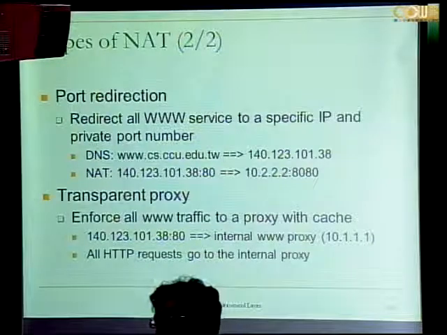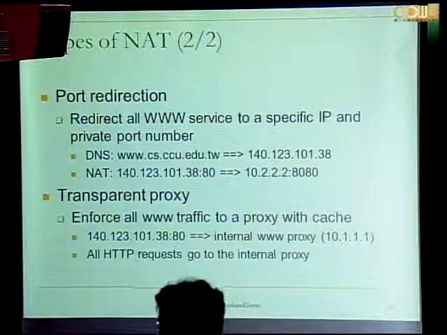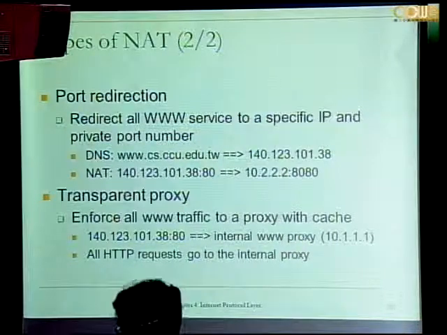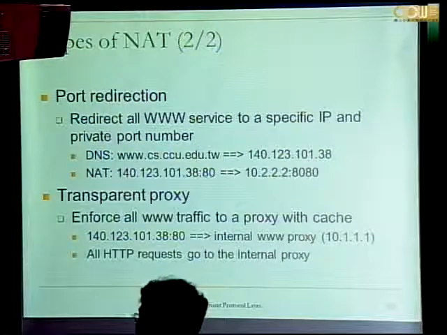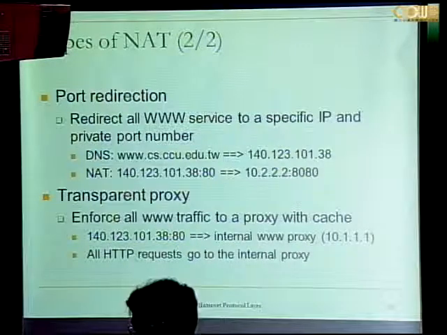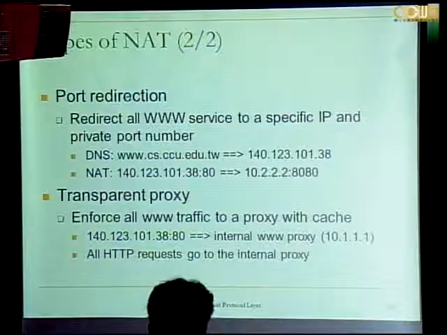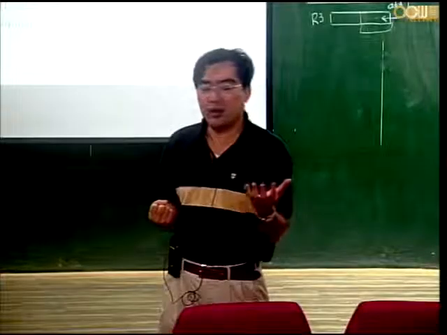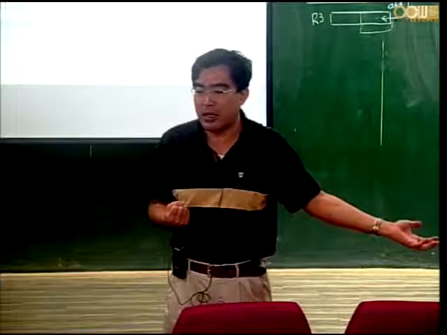You want to have a web server, but the router has the public IP address already. So you have no public IP address for your web server, right? The web server itself is a host. The router has an IP address, but the host does not have a real IP address. So it will be allocated a private IP address inside.